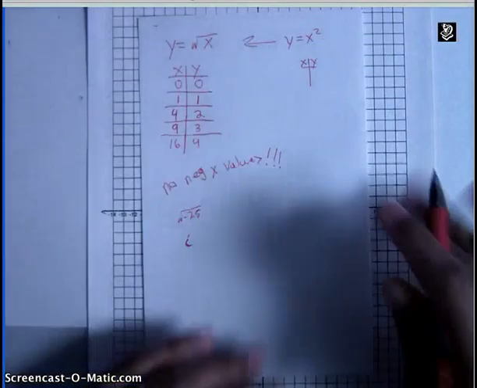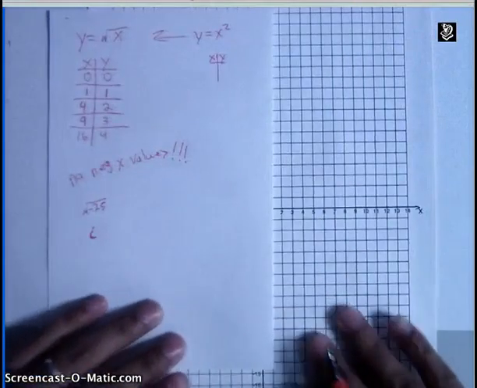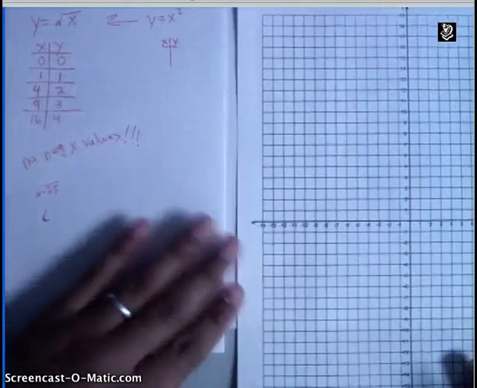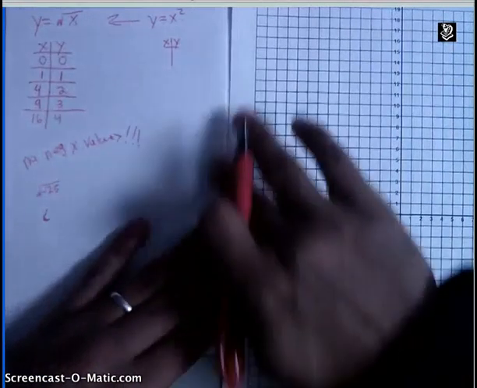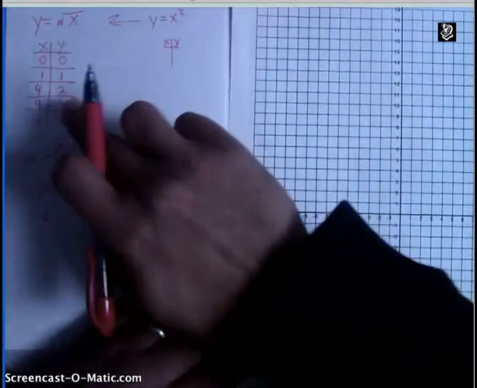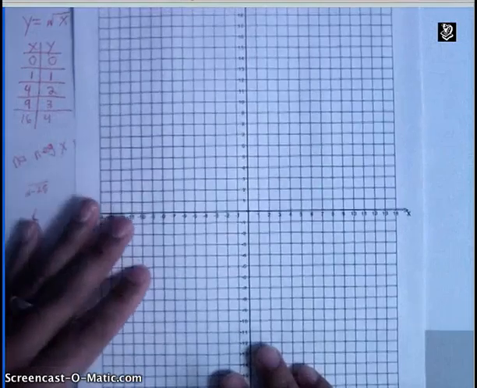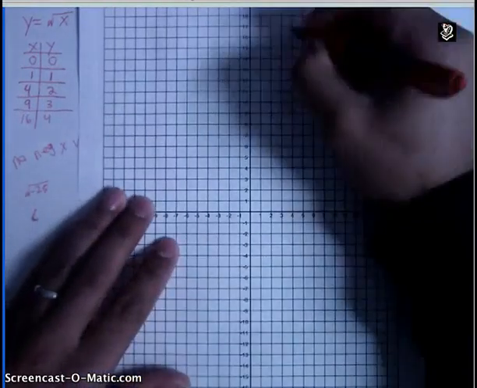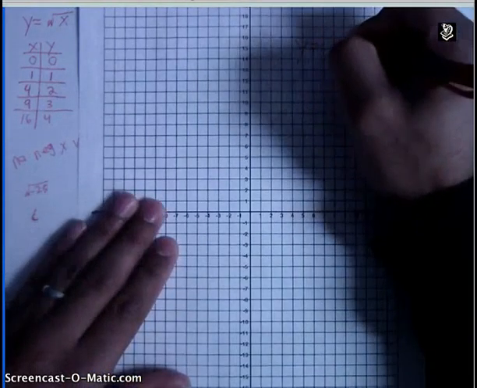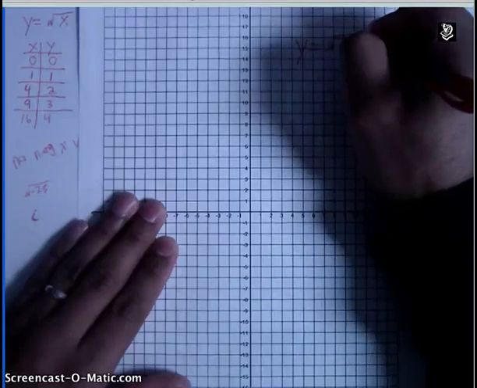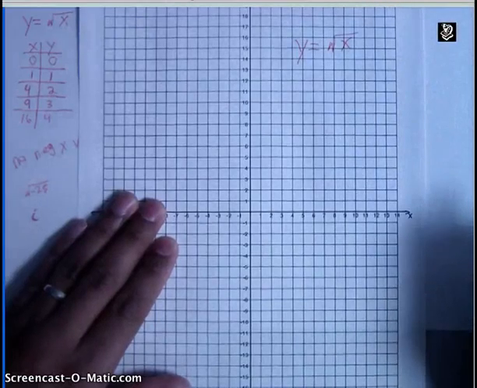So now let's go ahead and graph the parent function. So I have my table. Now I'm going to go ahead and graph it. So this is the graph of y equals square root of x, which is what everything that we do is based around.